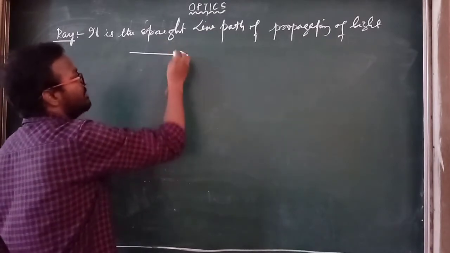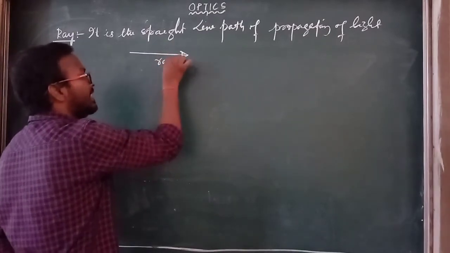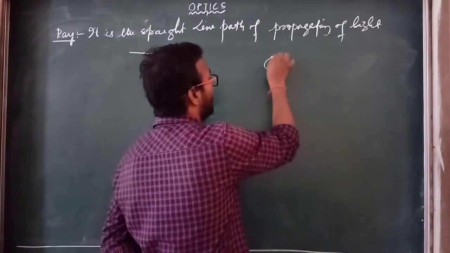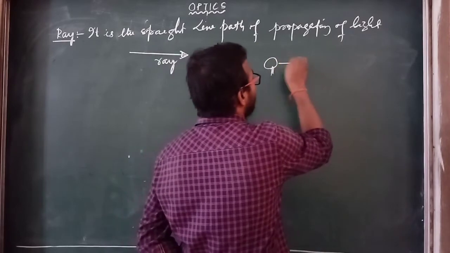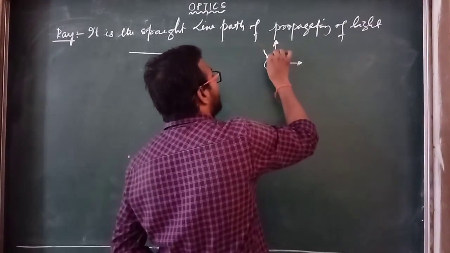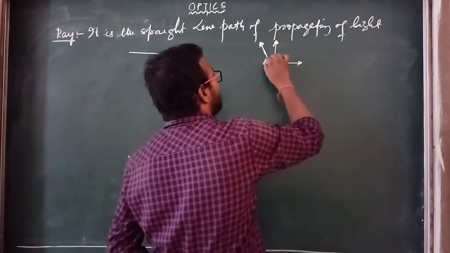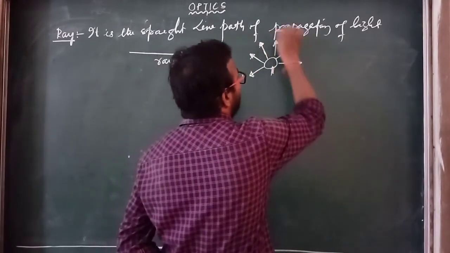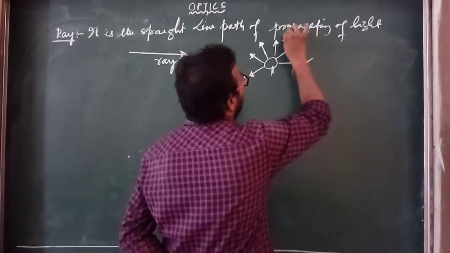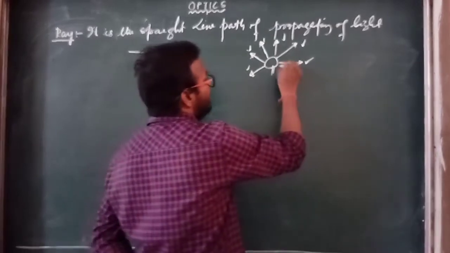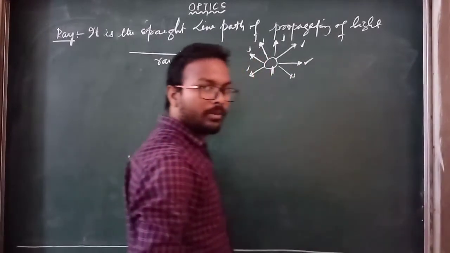Suppose we have one electric bulb here, and it emits light in all directions, because light propagates in a straight line. This is the direction of light, and these are the rays. These straight lines are also known as rays of light.